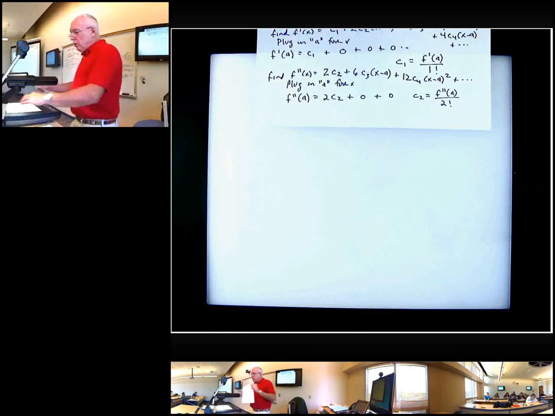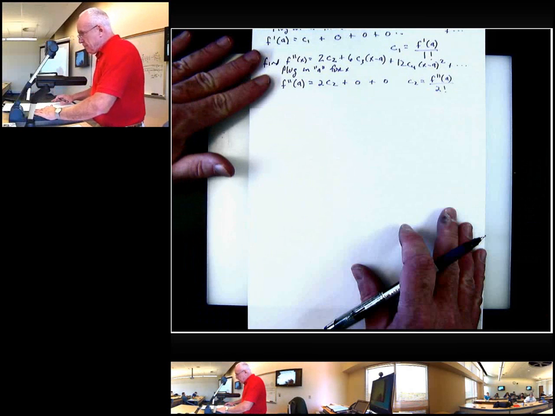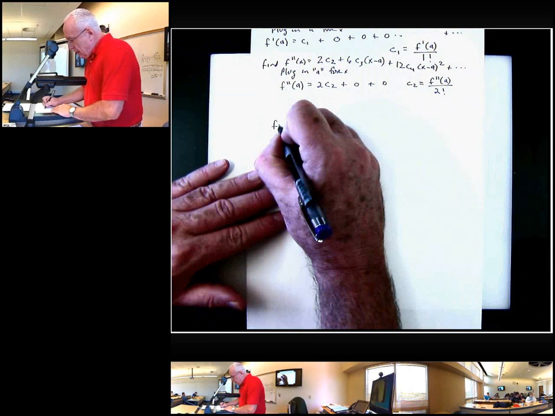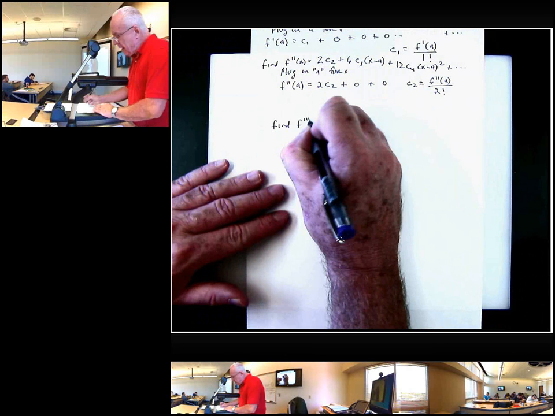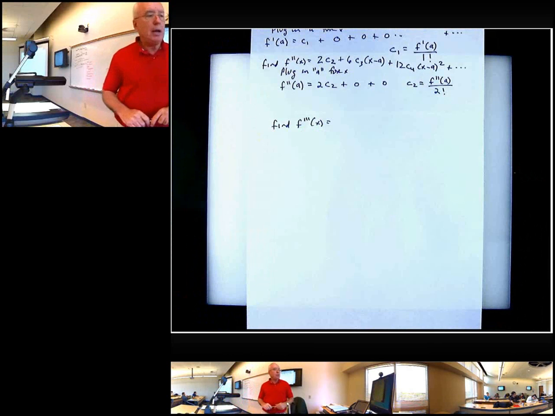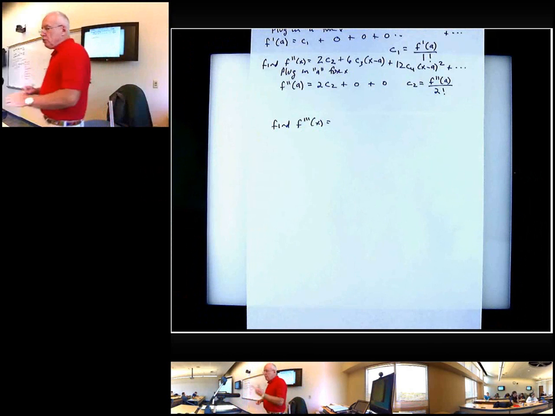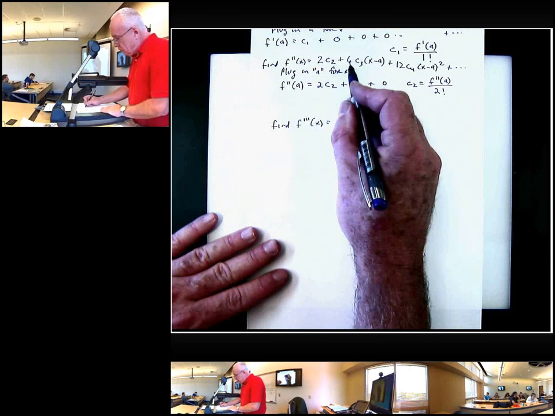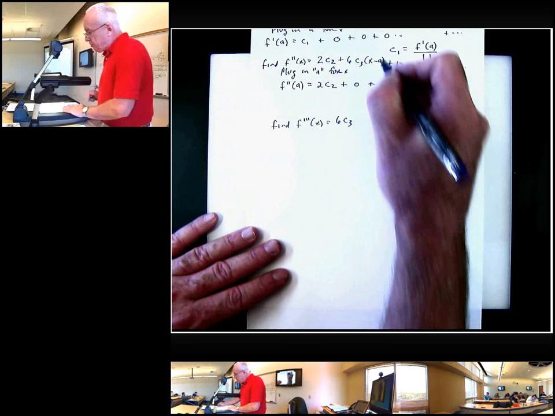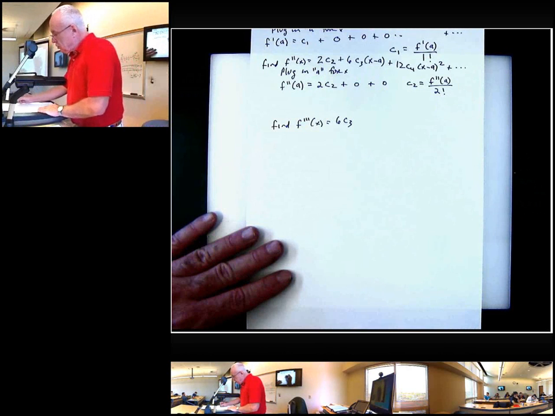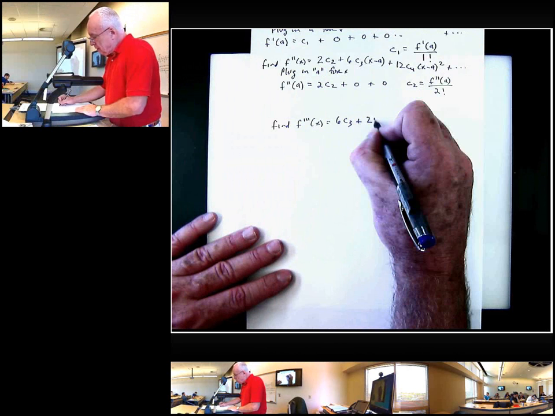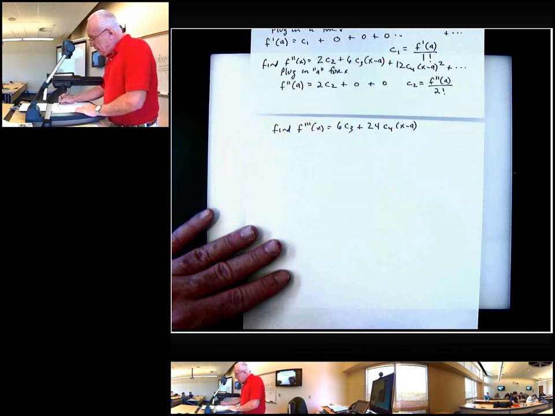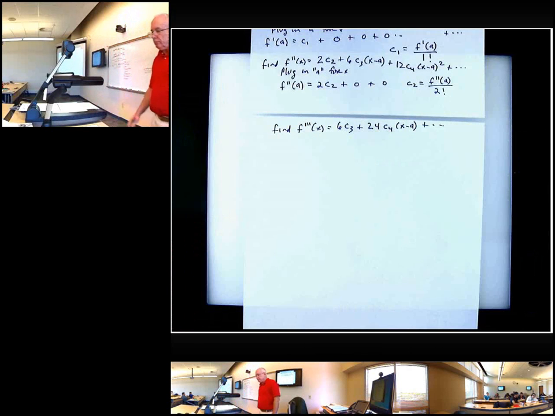And I'm going to do this one more time so that we can make sure that we understand that we have a pattern here. So now I'm going to find the third derivative of x. So I'm going to use my second derivative. My first term, 2 times C2, is going to go to 0. And here I've got 6 times C3, and that's going to be to the 0 power, so it's 1, plus 12 times 2 is 24, C4 times x minus a to the first power, and then it's plus dot, dot, dot. All right.